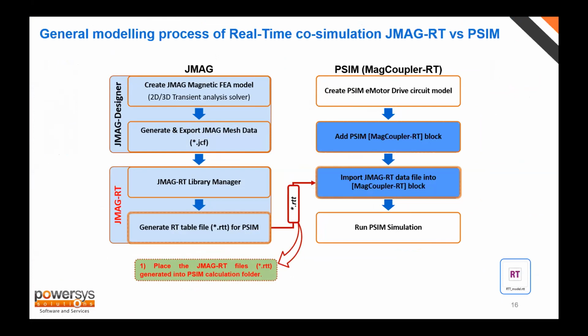Then we use Gmag RT to convert the 2D or 3D finite element model into a 1D component that we can import into a system simulation software like Psim. This 1D component is what we call the RT table file that we can use in the Psim software. So this is the second way.